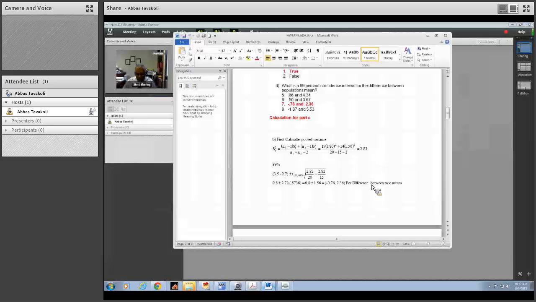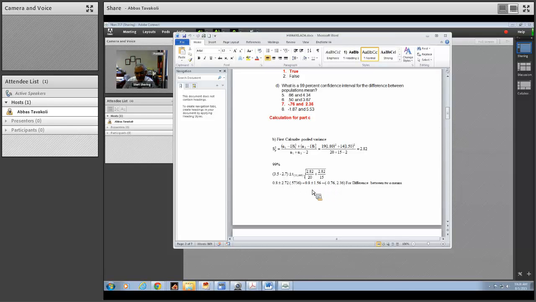Since we don't have 33, you can use the value close to 30. Here I use 2.72 from some other table we had. Then you calculate the standard error, which is the pooled variance divided by sample 1 plus the pooled variance divided by sample 2.